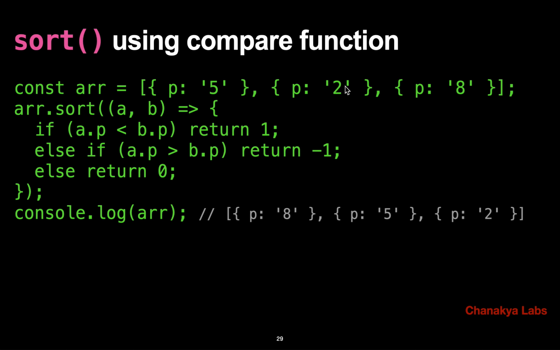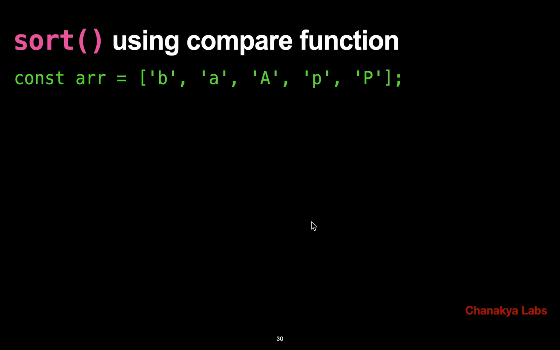Is string 5 greater than 2? That comparison I'm doing. So if a string-wise is less than b string-wise, then I'm returning 1. Basically I'm trying to reverse sort, so I'm swapping that. Similarly, if this is greater, then I'm returning -1, and then 0. It will sort the whole thing based on the p value, string-wise compared and reversed. And that's why the answer is this thing: 8, 5, 2, that is the order of p keys.